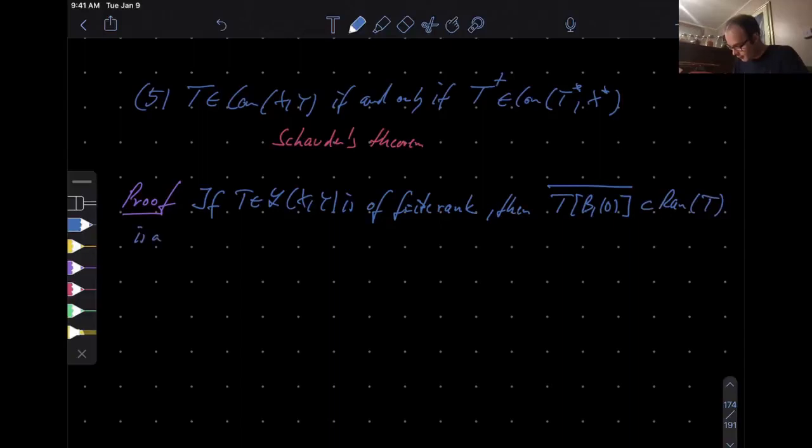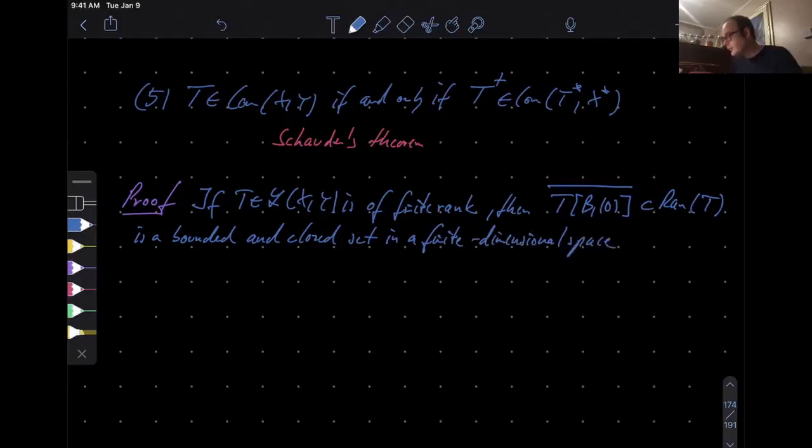So you have a bounded and closed set in a finite dimensional space. That thing has to be compact. This was part of the equivalent norm theorem early on. In a finite dimensional space, hence compact. Okay, this already concludes the first part.